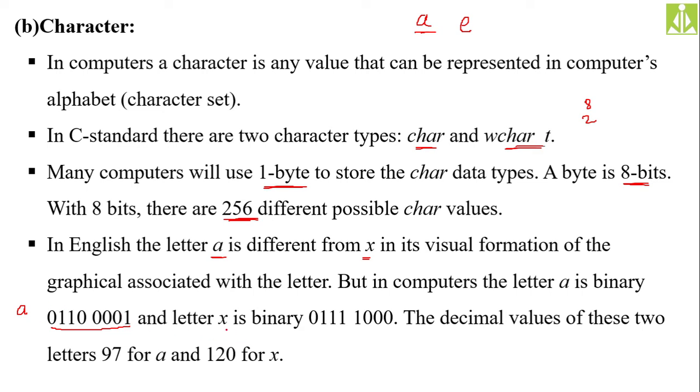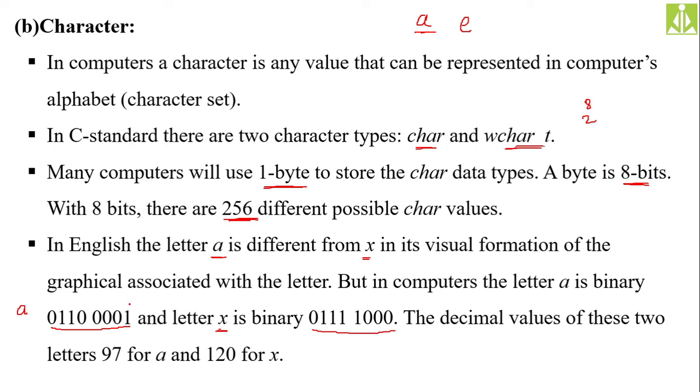Understood? Your computer will not store the letter A or E as it is written on the paper. When you store letter A into your computer, it will be stored like this, because your computer will understand only zeros and ones, only the binary language.